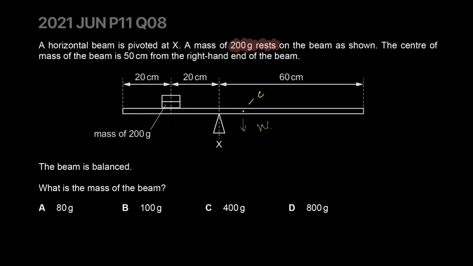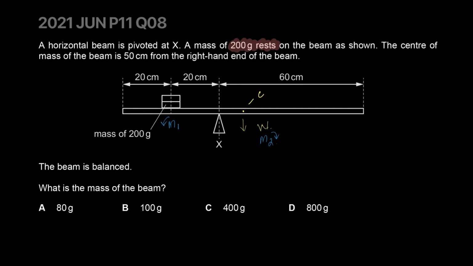There is this moment, and then there's the moment caused by the weight. This moment is going to be clockwise because it's going to push it down and it's towards the right. So this weight will try to tip it towards the right-hand side, or clockwise. This will be counterclockwise, so I'll put those signs on top.